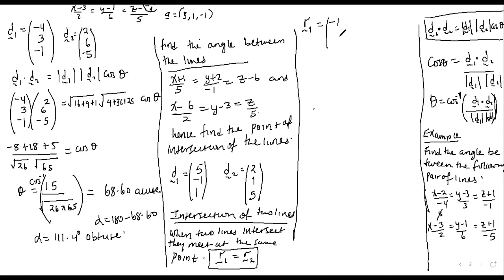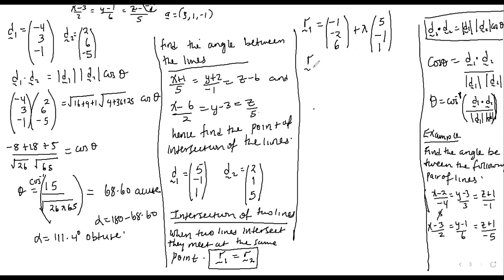And the y coordinate? -2. Then the z? 6. Okay, thank you. Plus lambda, the direction vector is 5, -1 and 1.